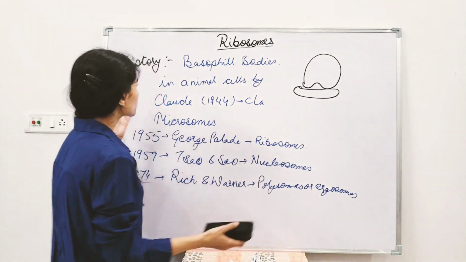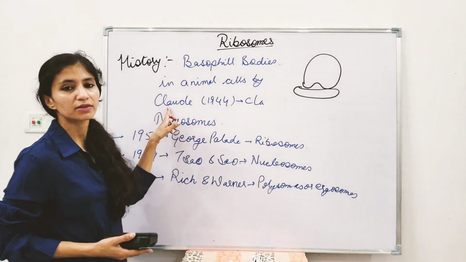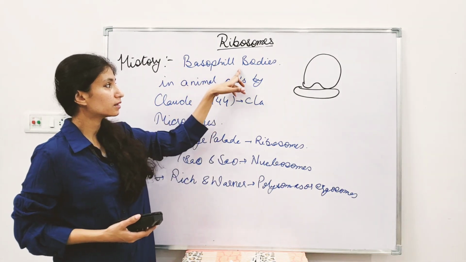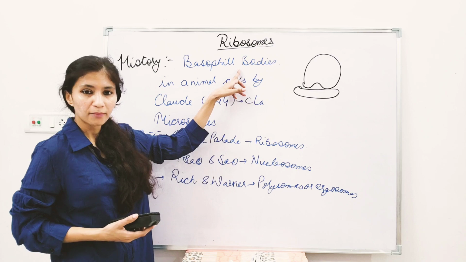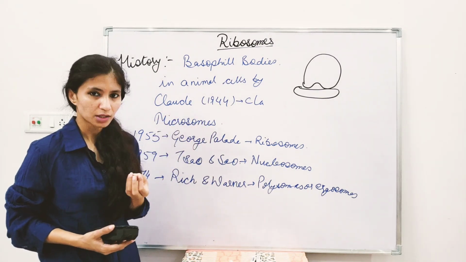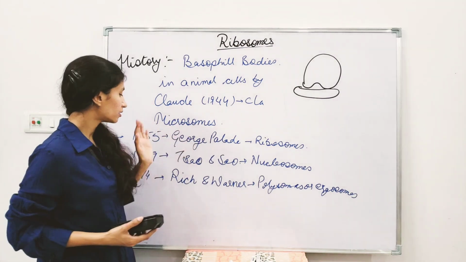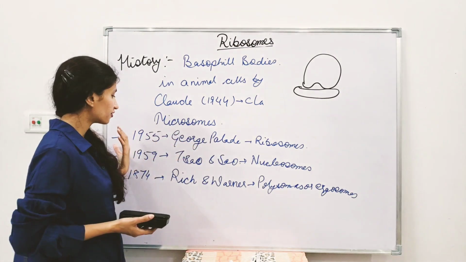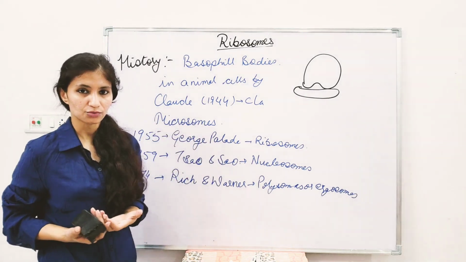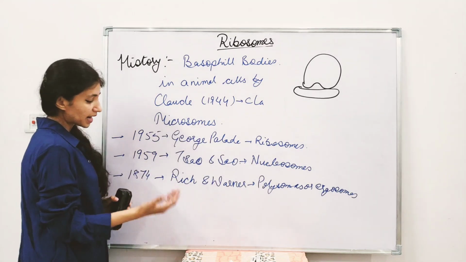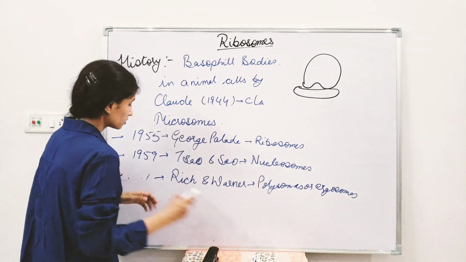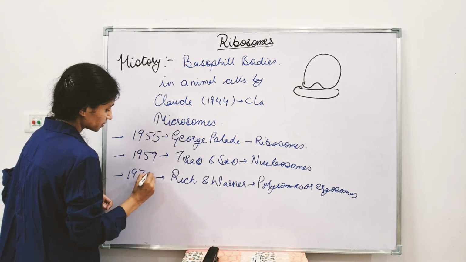So this was the history. The first person who discovered the ribosome was Claude in the year 1944, as basophil bodies in animal cells, and he called them microsomes, which means microscopic structures. In the year 1955 or 53, George Palade discovered the ribosomes with the help of an electron microscope. Sorry, this is not 1874, it is actually 1974.